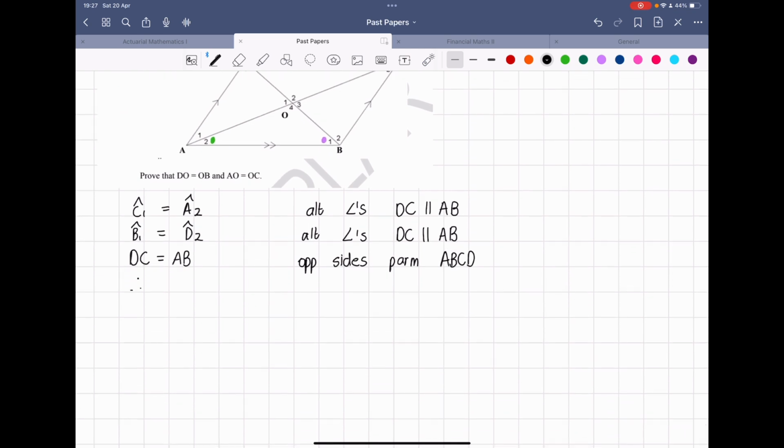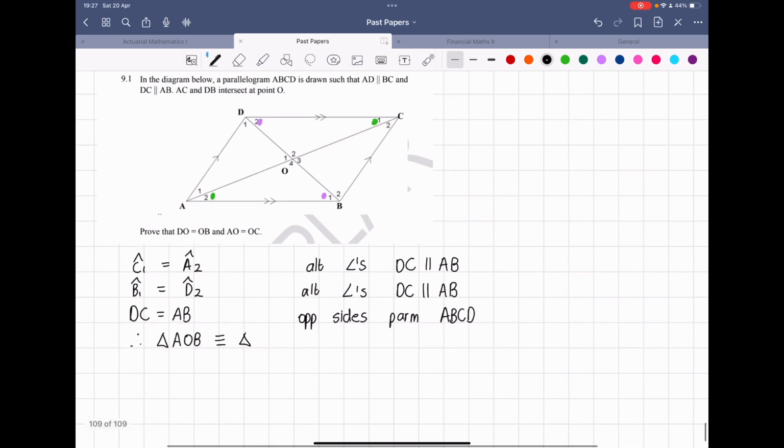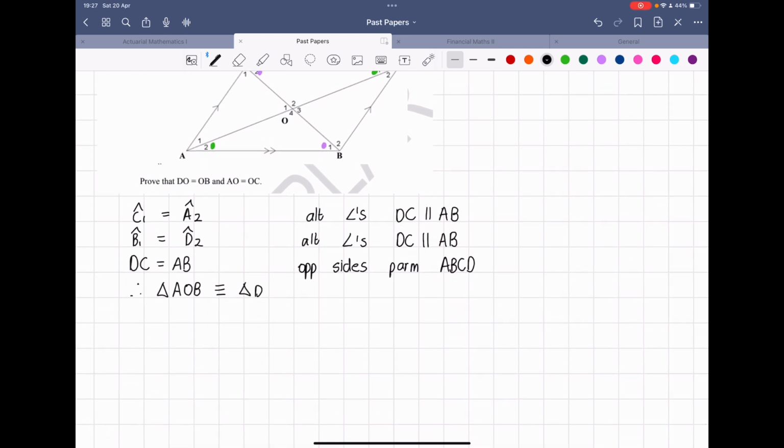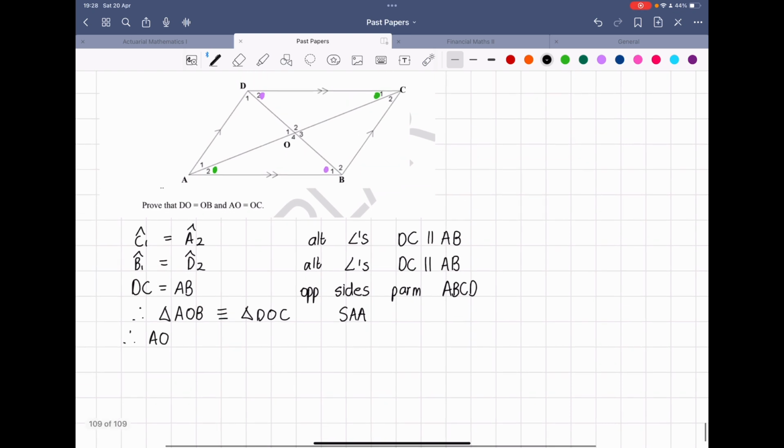Therefore, the triangle AOB is congruent to the triangle DOC from side angle angle. Therefore, AO is equal to OC, and DO is equal to OB, and the reason is congruent triangles.